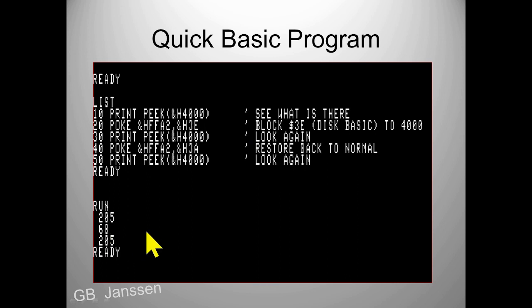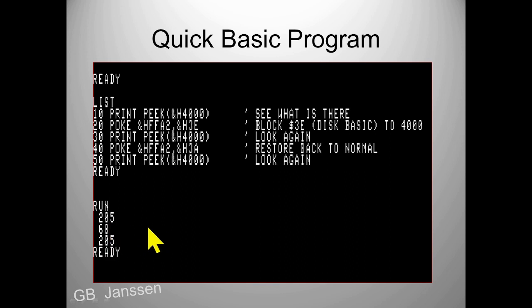If you look in your ASCII table, ASCII 68 is the capital letter D. If you're familiar with Disk BASIC and look at the very first 2 bytes of Disk BASIC, normally at C00, you'll see DK, which stands for Disk BASIC. So when we did that, we got the D at that very first position. We restored it back to 3A, which is what it should be, did a peek and printed it out again, and it's back to normal.